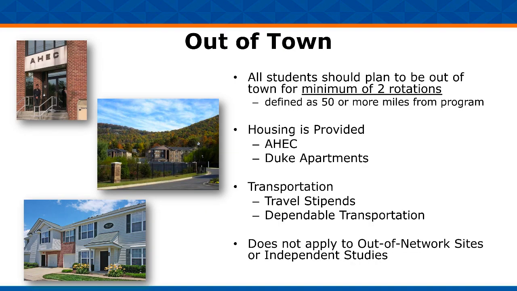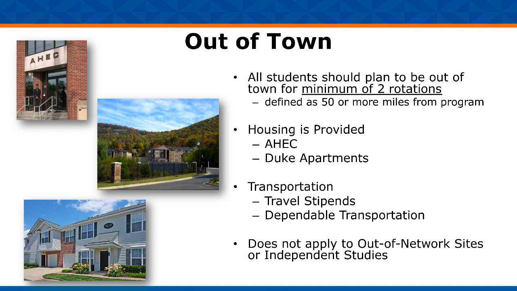As I mentioned, students do participate in at least a minimum of 2 rotations which are out of town, and we define that as at least 50 miles or greater from the Duke PA program. When students are assigned to out-of-town housing, with the exception of out-of-network sites, DPAP, the Duke PA program, will support both funding and logistical planning for student housing, and we do that through a variety of mechanisms.